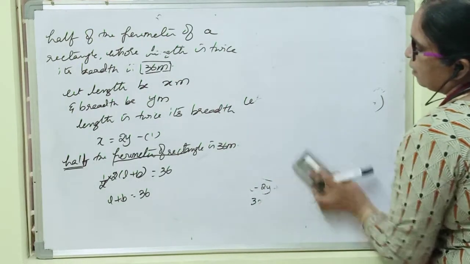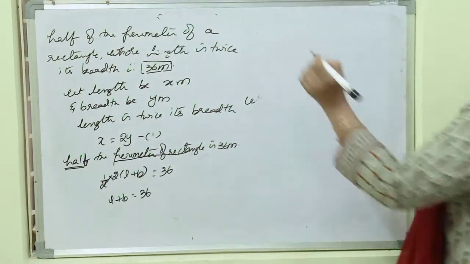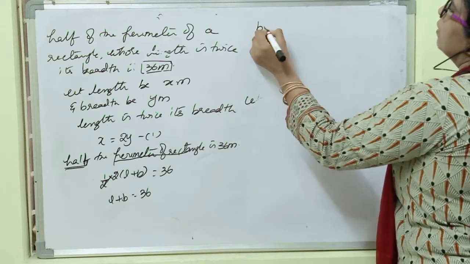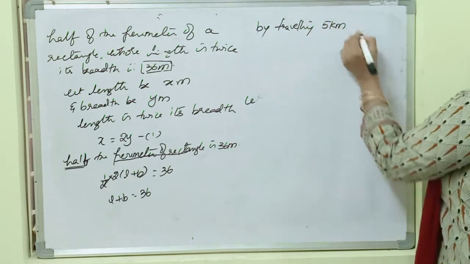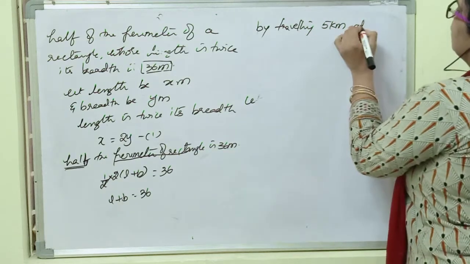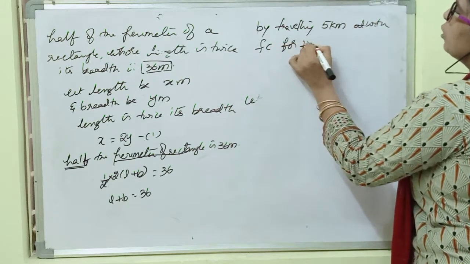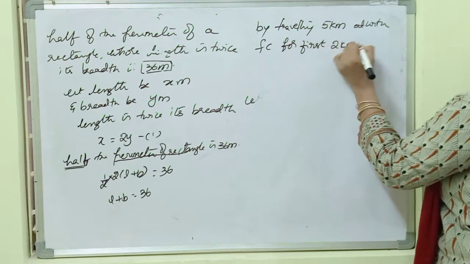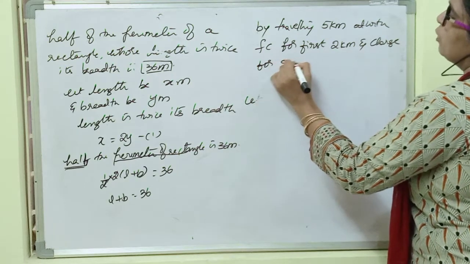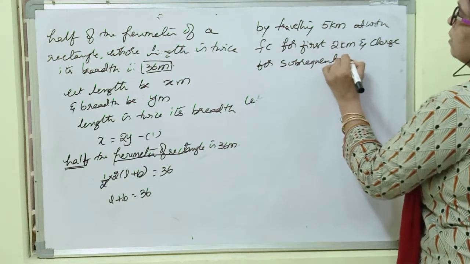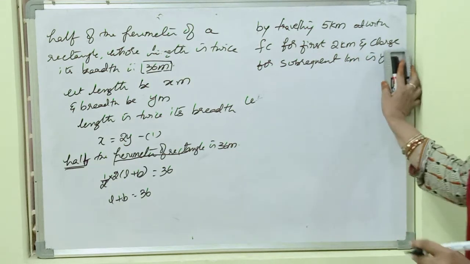Okay, so let's go with one more example. That is the fixed charge problem and the charge per kilometer problem. By traveling 5 kilometers, with a fixed charge for the first 2 kilometers and a charge for subsequent kilometers, which is what we need to find out, is y rupees.